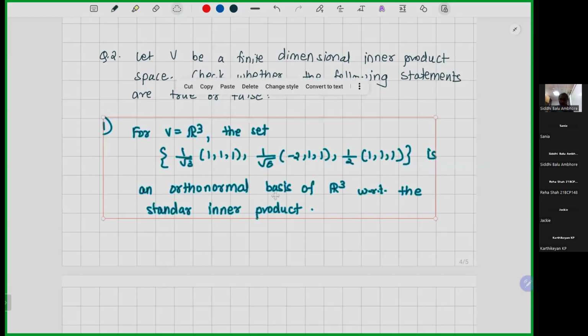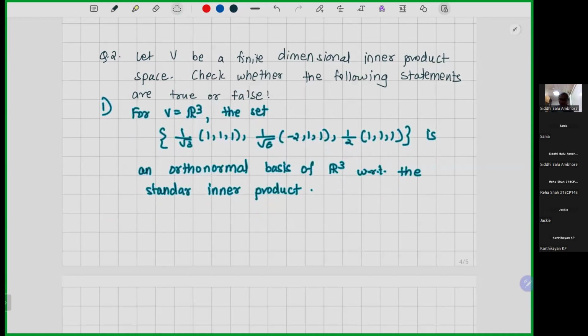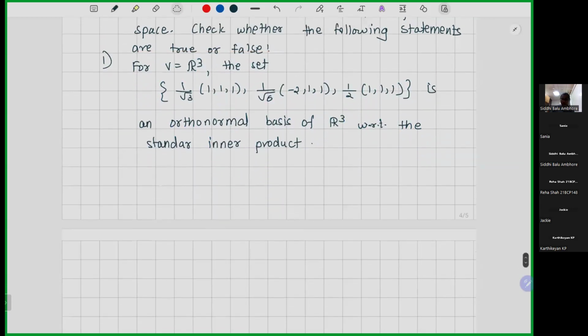Okay, so any guesses whether this set will form an orthonormal basis for R3 or not? Just by looking at it. You don't have to calculate all the inner products. Can we immediately say anything about this set?